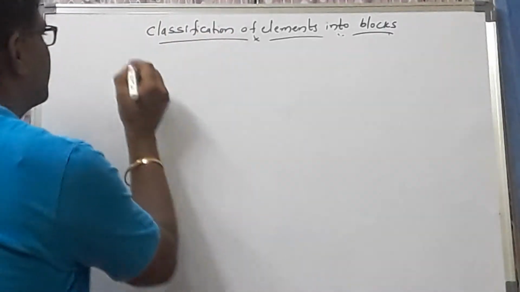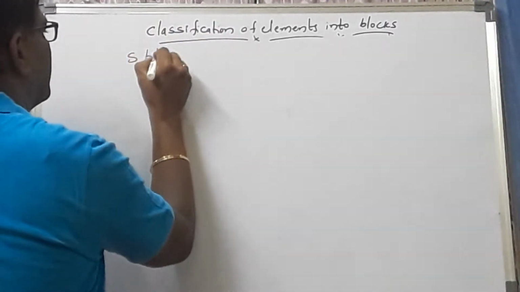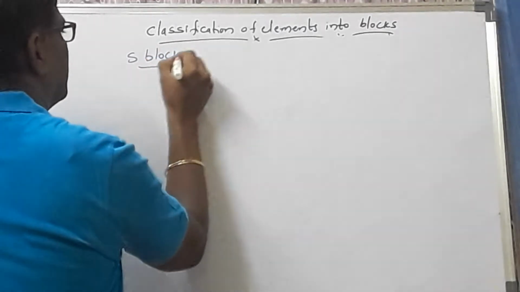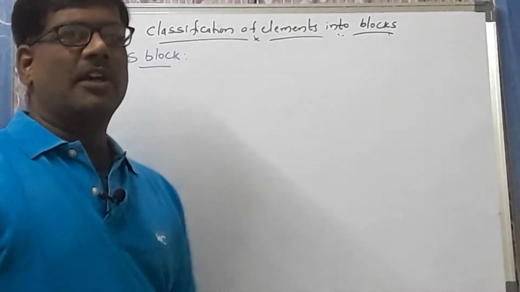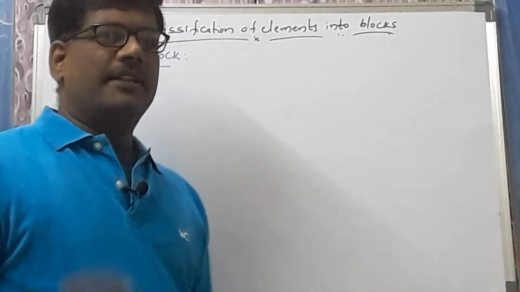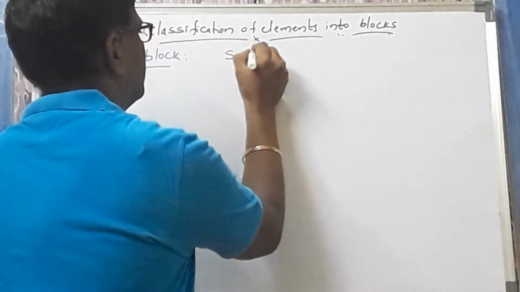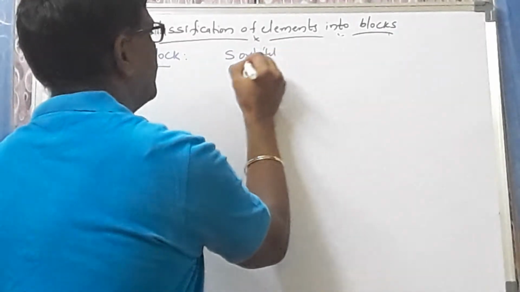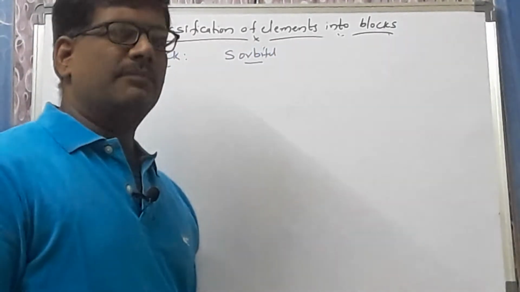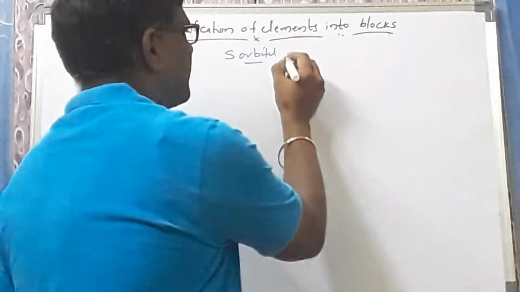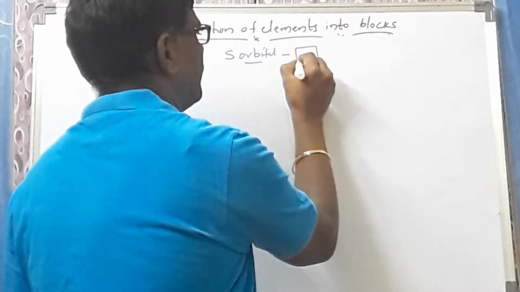Let us take S block elements. Definition of S block elements: if the differentiating electron enters into the S orbital, those elements are called S block elements. The S orbital has only one orientation.